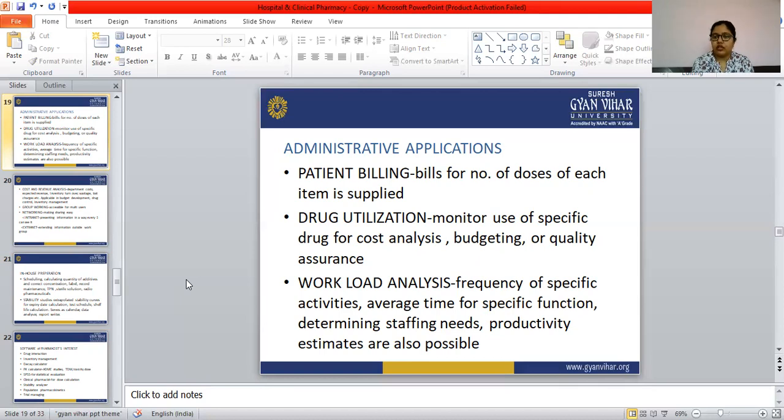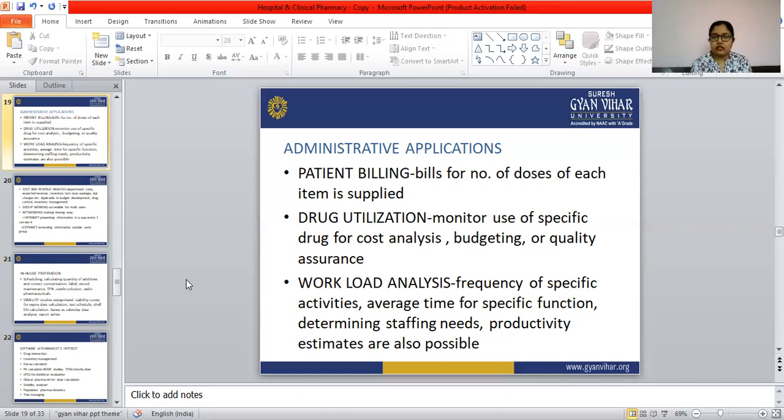We can watch the frequency of specific activities, and find out from the computer how much time a specific function will take. We can also determine the staffing needs, and the productivity estimation is also possible. So there are lots of applications of the computer in the clinical pharmacy.